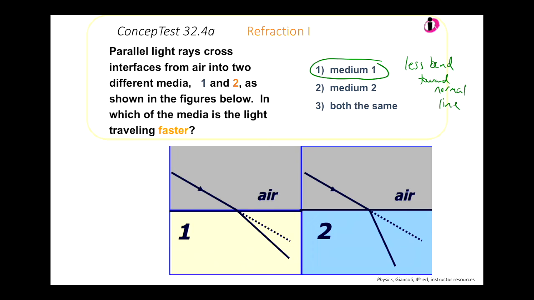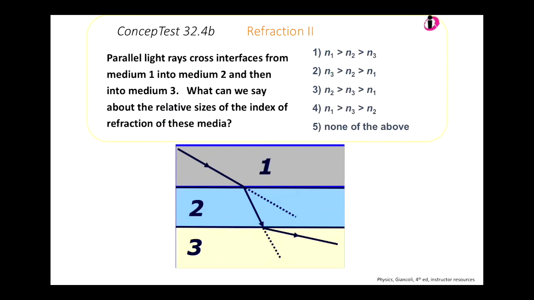Can you take that and make any assumptions about 3 different materials? Notice this time it's not asking about the relative speed of light in the 3, but the converse of that, the relative index of refraction for the 3. Think it through and see if you can rank them.